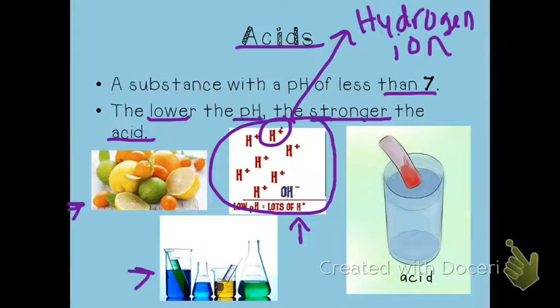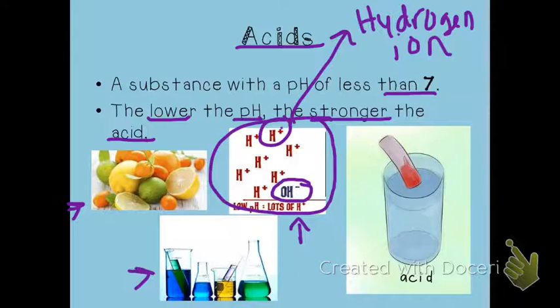So the more free hydrogen ions we have floating around in a solution, the stronger the acid is going to be, okay? As we move closer and closer to 7, we're going to see we're getting closer to an equal number of these H pluses and these OH minuses. Okay, these OH minuses are hydroxide ions, and we're going to talk about those in a second when we get to bases.